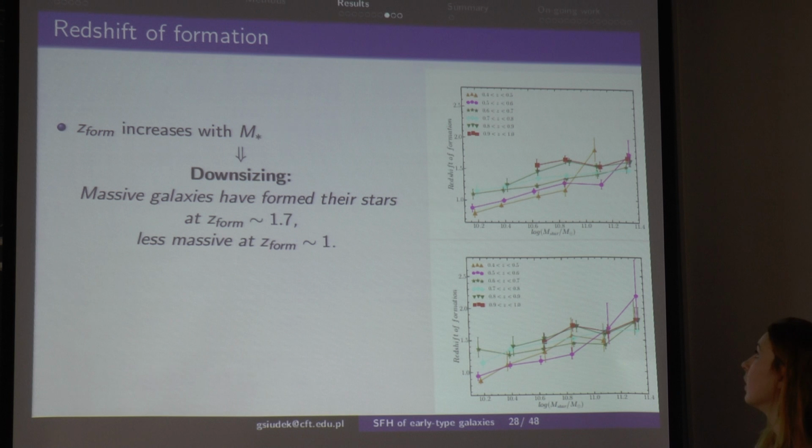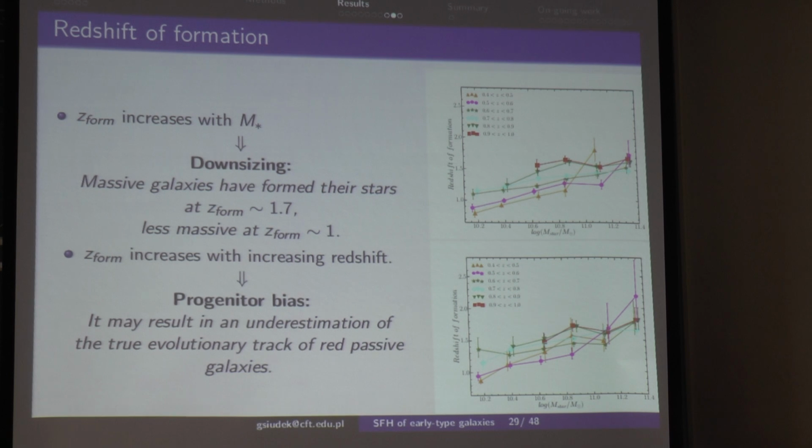So by comparison with models, we estimate the redshift of formation, and we can see that the redshift of formation is increasing with stellar mass, both from measurements of D4000 and the H delta index.